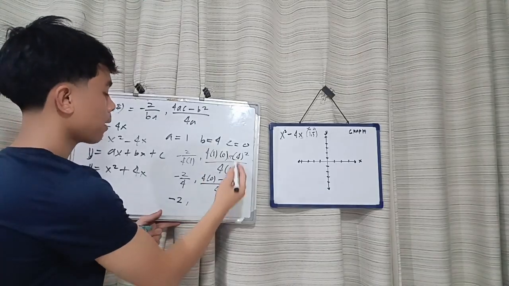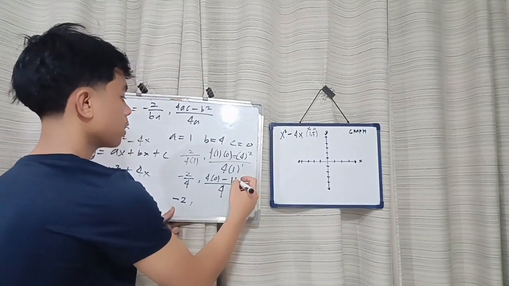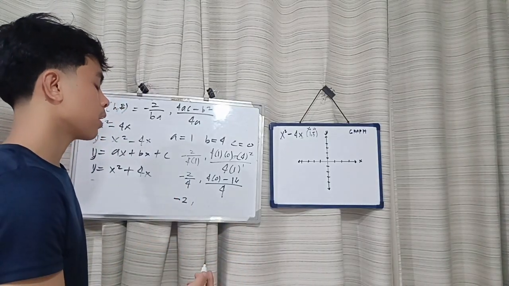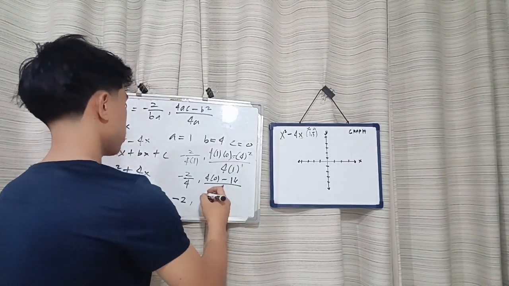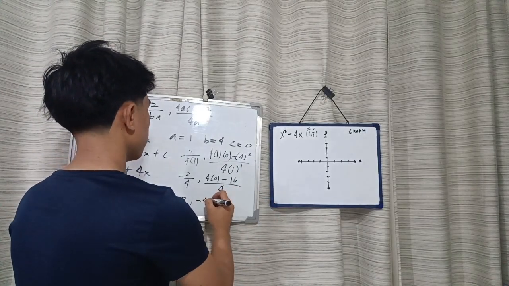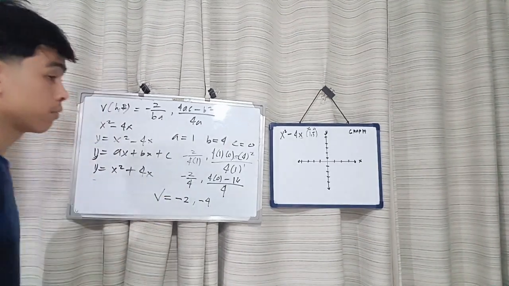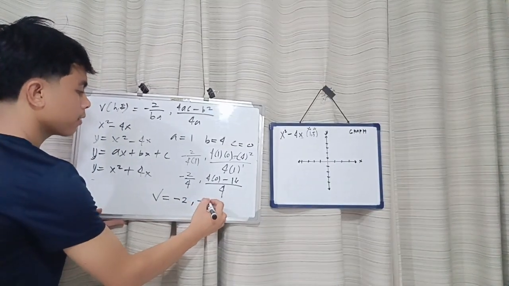So negative 16 divided by 4 will be negative 4. So this will be your vertex: negative 2 and negative 4.